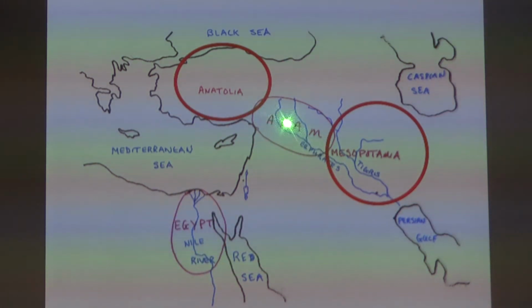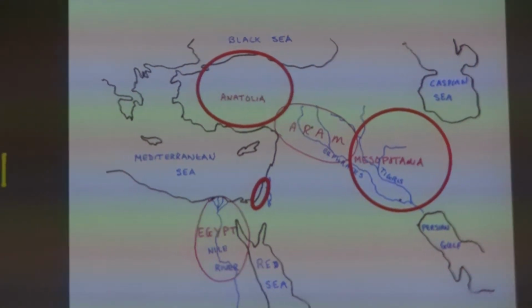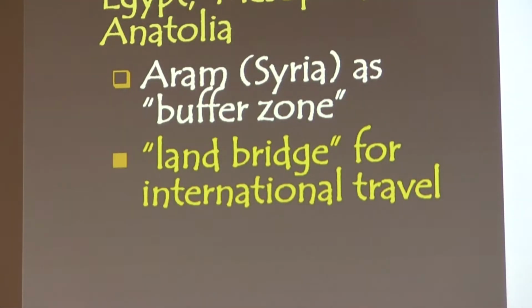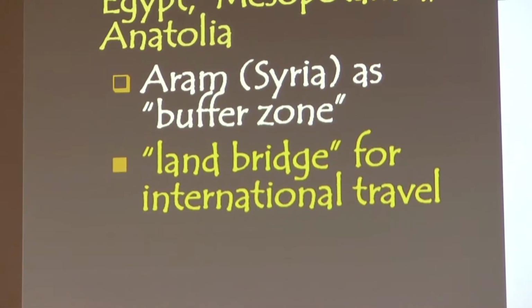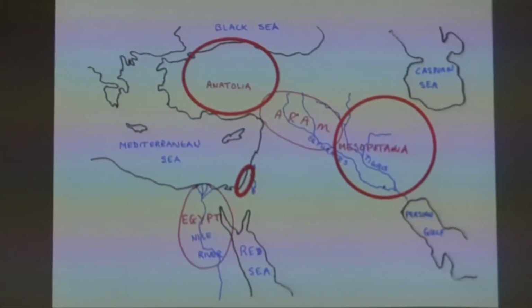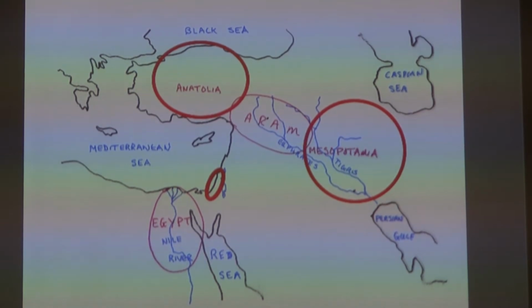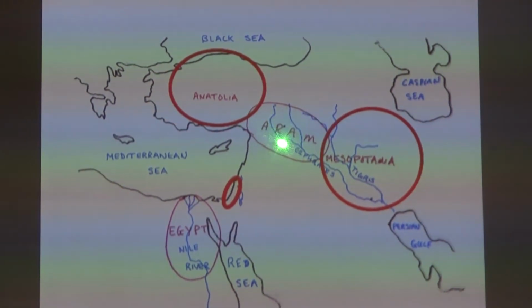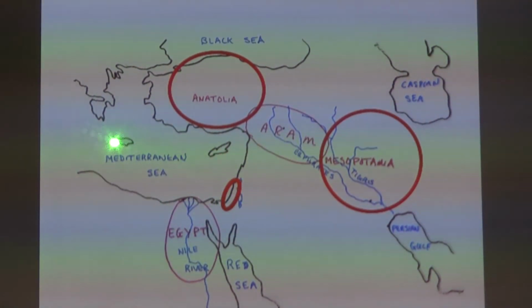Who's in between? Well, it's going to be Aram here as a buffer zone, and then, of course, we have who else is in between, and that is going to be the area that we'll come to call Israel, the land of Israel, in this area. And traffic, for reasons that we'll make clear a little bit later on, is going to have to flow through this region, because here you've got the Mediterranean Sea, basically a barrier.